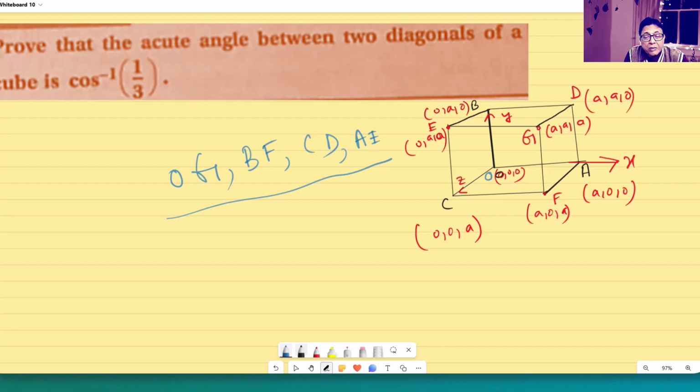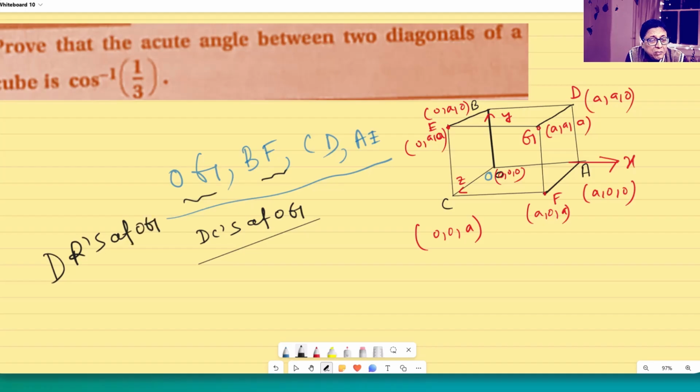Take OG and BF. Take these two. The vector idea, OG vector you can write easily, or you write direction cosines of OG. DCs of OG. What are the direction ratios? DRs of OG are what? A minus 0, A minus 0, A minus 0.